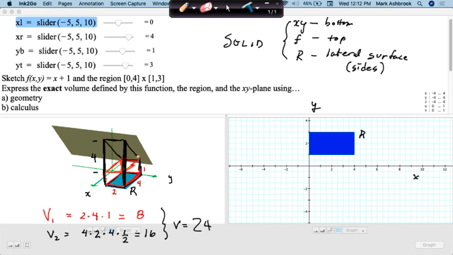whose heights are, what are the heights of those rectangular columns? Right, x plus 1, f of x,y, are the heights. And then the little areas of the bases of those columns? dx dy, right?